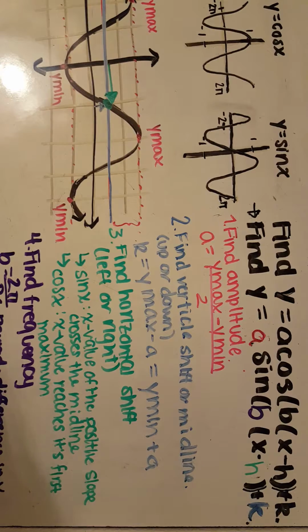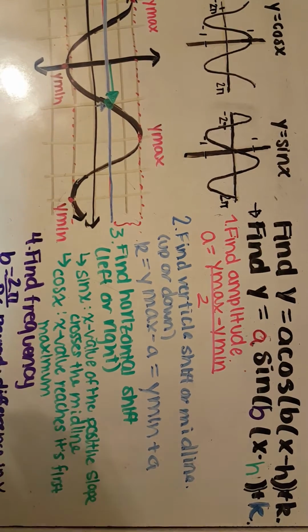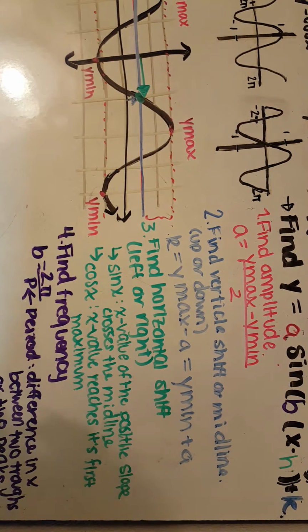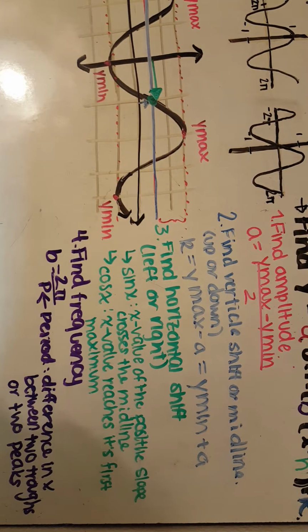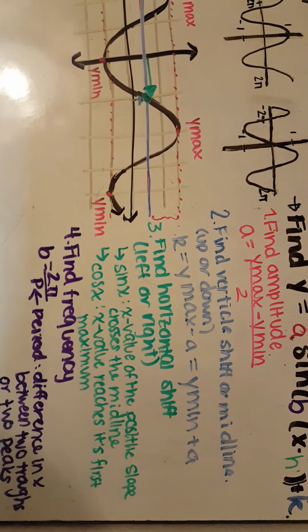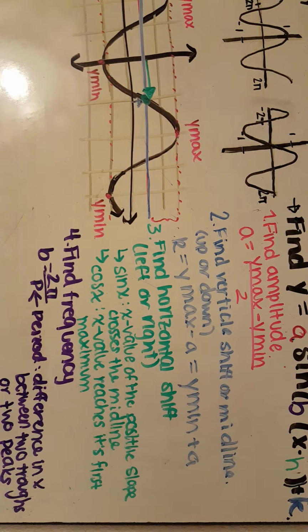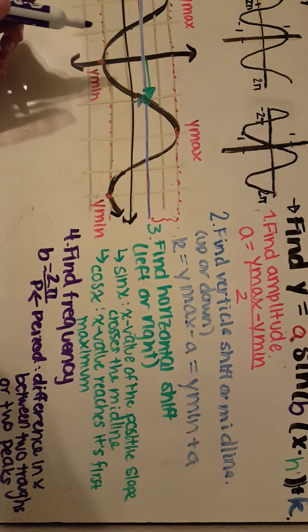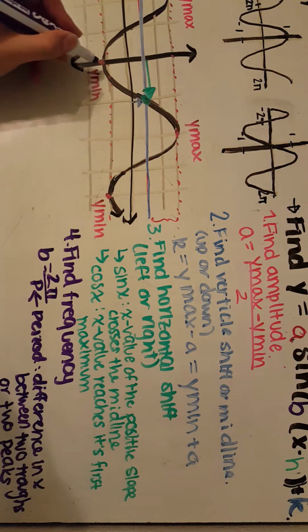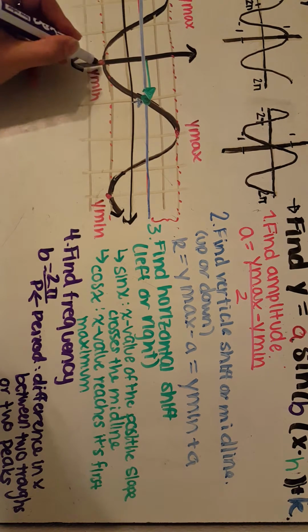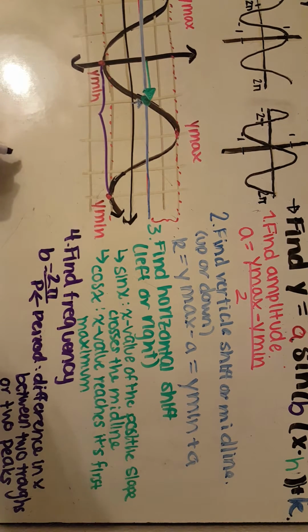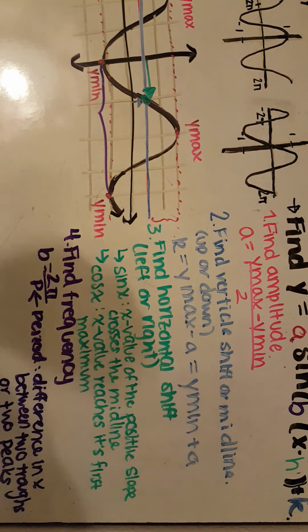And I'm sorry, you cannot see that right now, so let me move that up. Okay, I think I have it all on the page there. And so here, to find our period, we're going to look between 2 minimums, 2 troughs, and it's this distance right here.